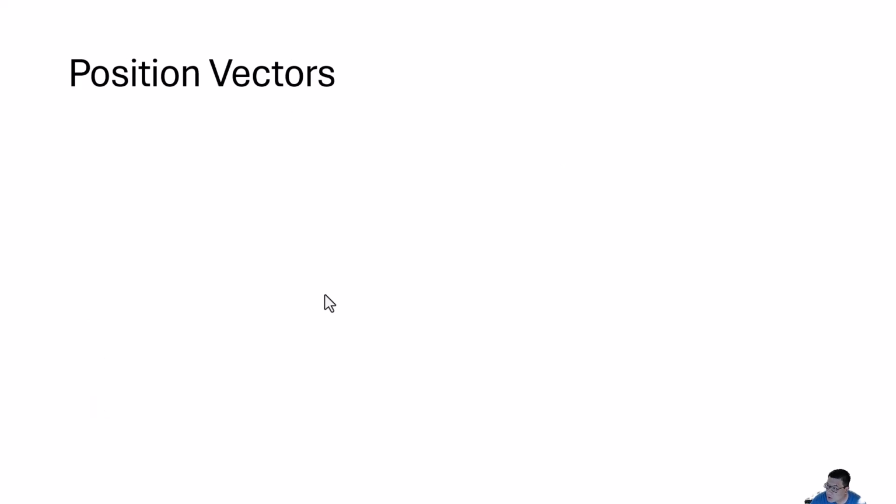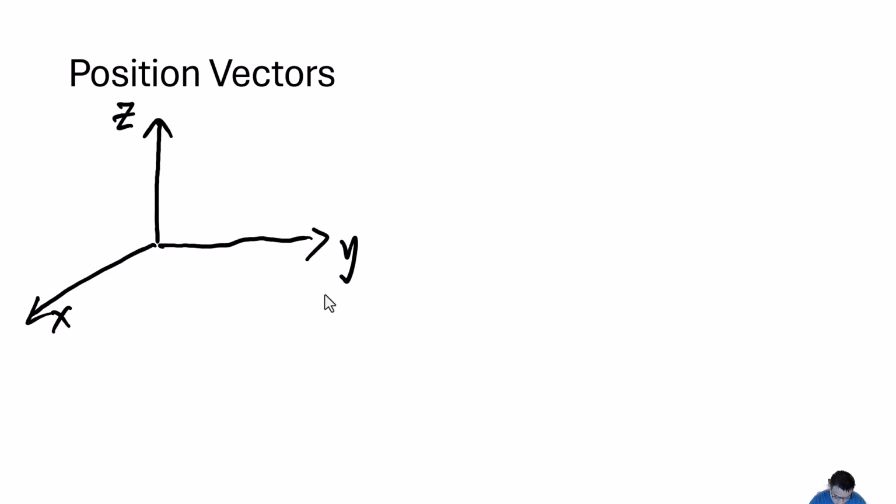So what is a position vector? A position vector is used to locate a point in space relative to another. Let's say we have a 3D axis with x, y, z, and we have point A and point B. How do we measure the relationship between A and B?